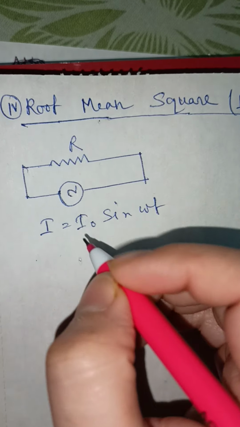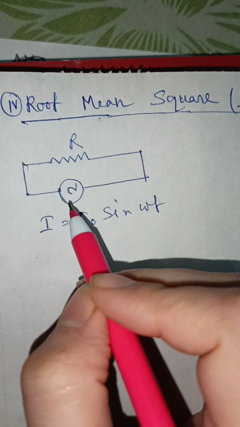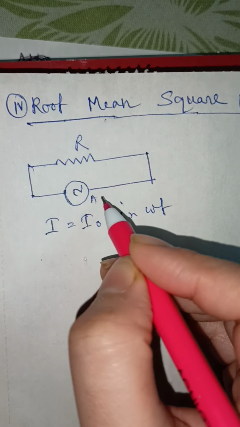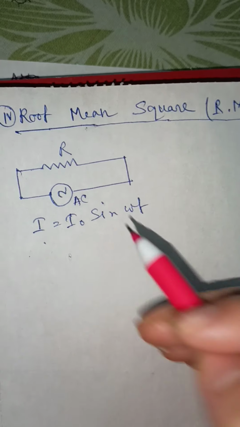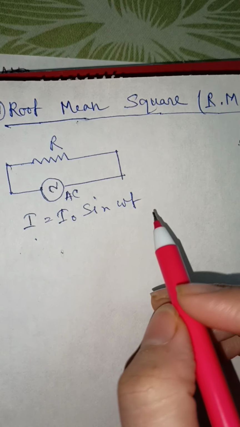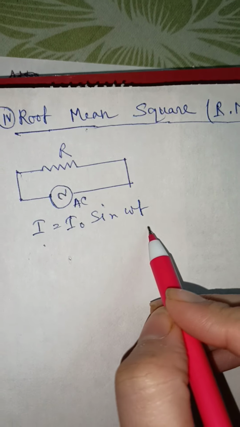Here I naught is the maximum current of this AC source, and I indicates the current of this AC source at an instant of time t.